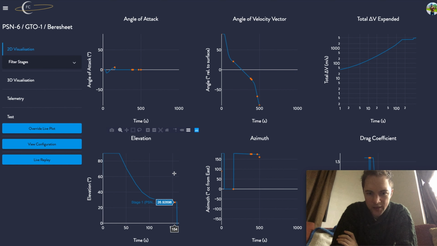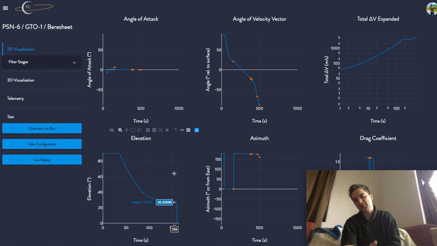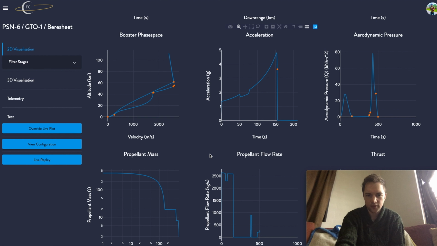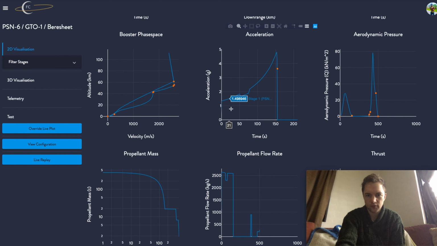It wouldn't do anything for the second stage. It wouldn't do anything for first stage returning: boostback, entry burns, landing burns. I just need to know all the altitude versus time and velocity versus time points in my curve. And I think downrange will be inherently solved, because if I know my throttle curve and I know my acceleration, then I know how fast I'll be going.